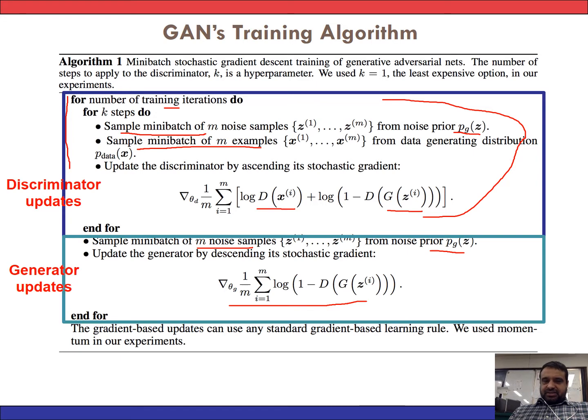So here we can see that D of G of z, the discriminator is trying to discriminate between the real and the fake images. If the generator generates the label which is close to 1, then the discriminator will find difficulty in discriminating between the real and the fake examples. So here, suppose if it is 1, then 1 minus 1 is 0.